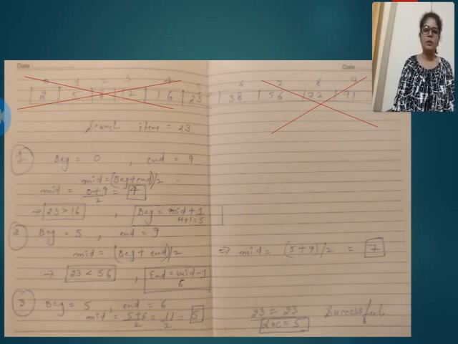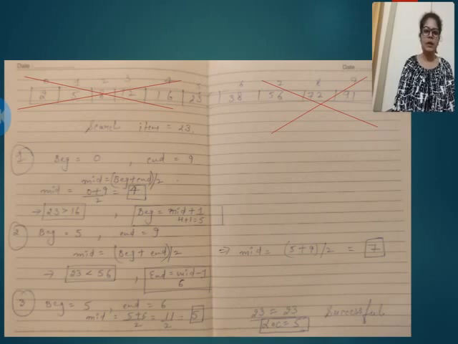Now to perform the second step, we again have to calculate the mid for the new list because we have discarded half of the list. In that case, we have to change the beginning of the list because the mid item was greater.